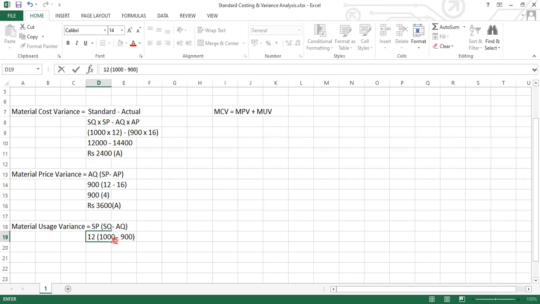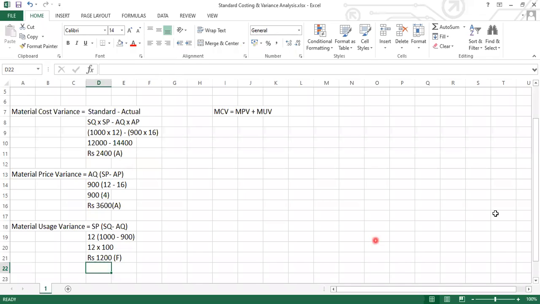Now see, here standard is higher than the actual. So it means here we will be getting a favorable variance, that is a positive variance. Rupees 1200 favorable. Don't forget to denote whether it is an adverse variance or a favorable variance. For favorable, you have to use capital F, and for adverse, you have to use capital A.